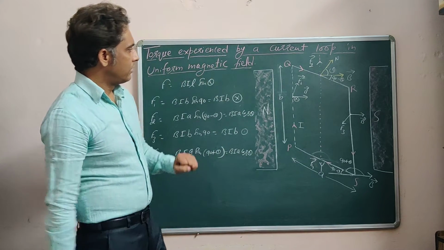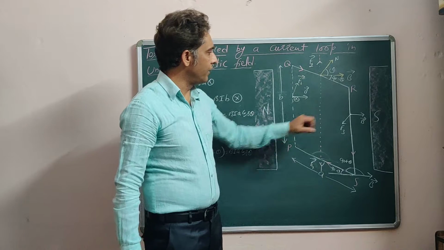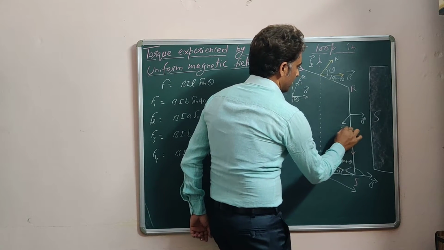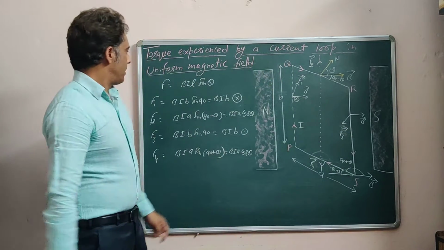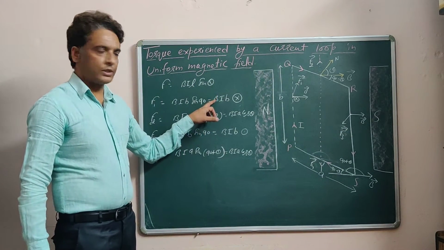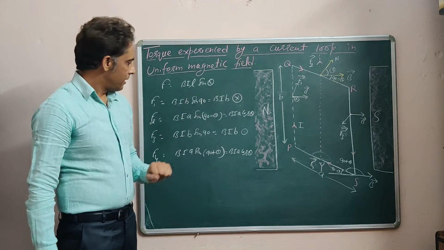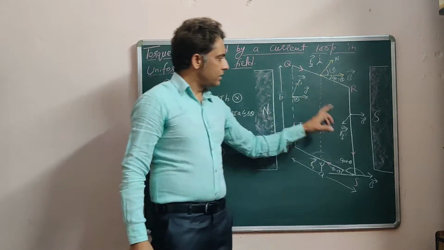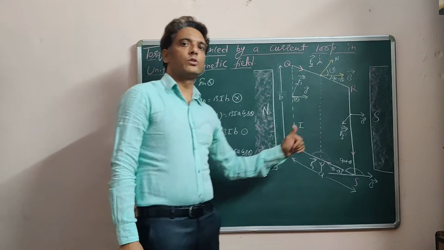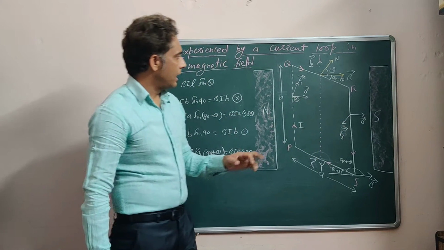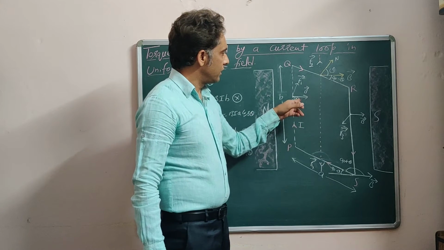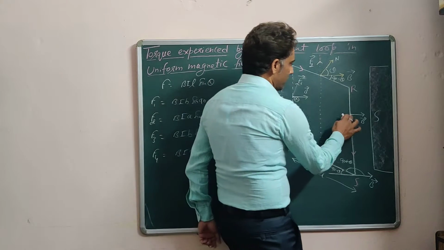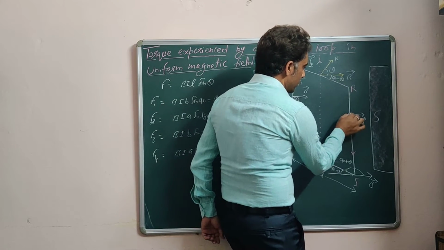Now what about these two forces F1 and F3? The magnitude of F1 is BIV, the magnitude of F3 is BIV. So these two forces are also equal in magnitude, and this force is acting inward, this force is acting outward.